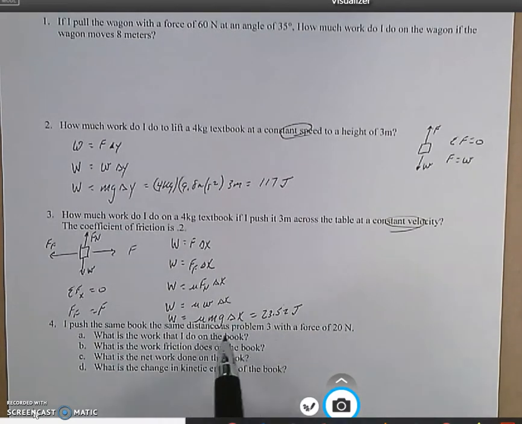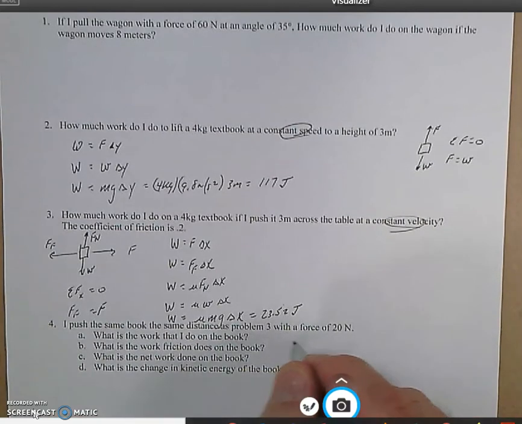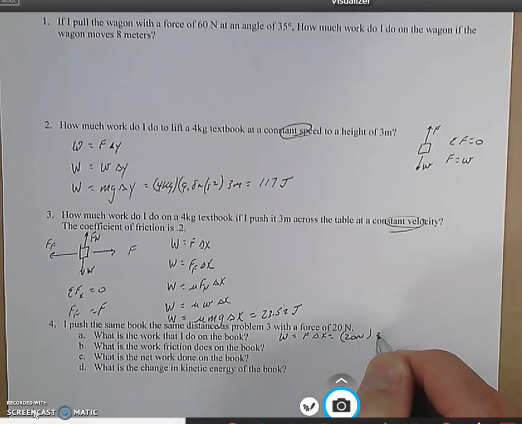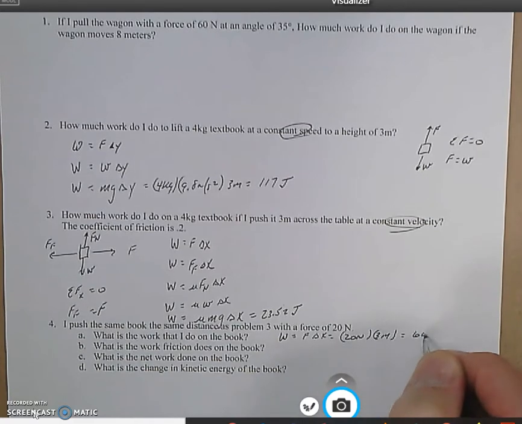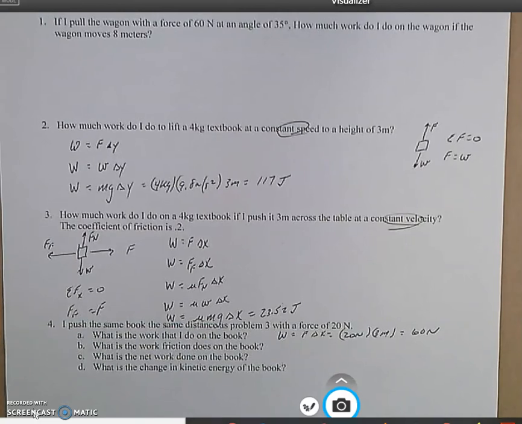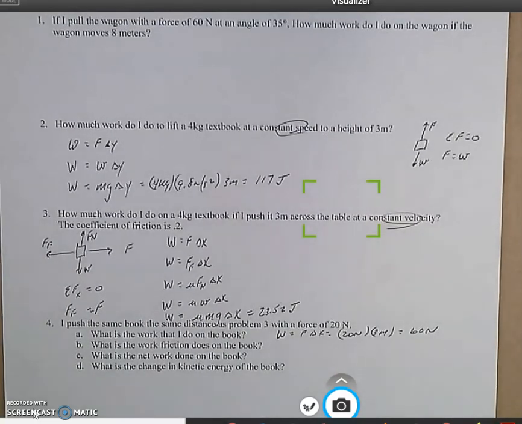I pushed the same book across the same distance with a force of 20 newtons. Well, now for part A, my work is just my force times delta x, or 20 newtons times 3 meters, or 60 joules. What's the work friction does on the book? Well, the work friction does on the book is determined by the friction force and by the distance that it's moved.